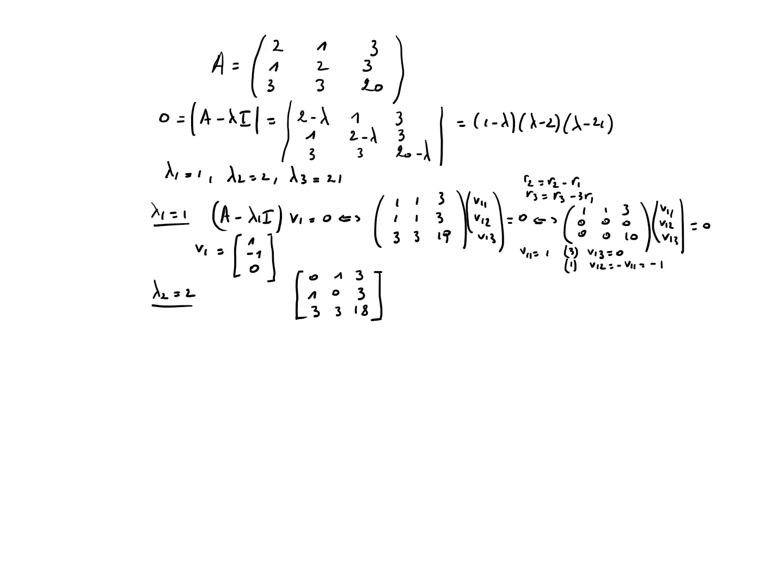I'm just plugging in lambda is equal to 2 in this over here, and this looks okay. Times v21, v22 and v23, so this is the vector v2 that we're looking for, is equal to 0 0.